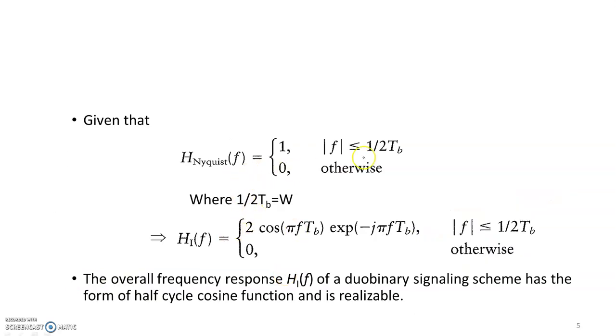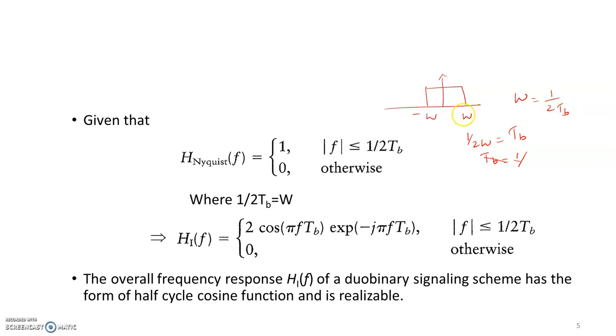It will have the frequency response of the ideal Nyquist channel, a non-zero value from minus w to w, where 1 by 2 w equals tb, or you can write w equal to 1 by 2 tb.